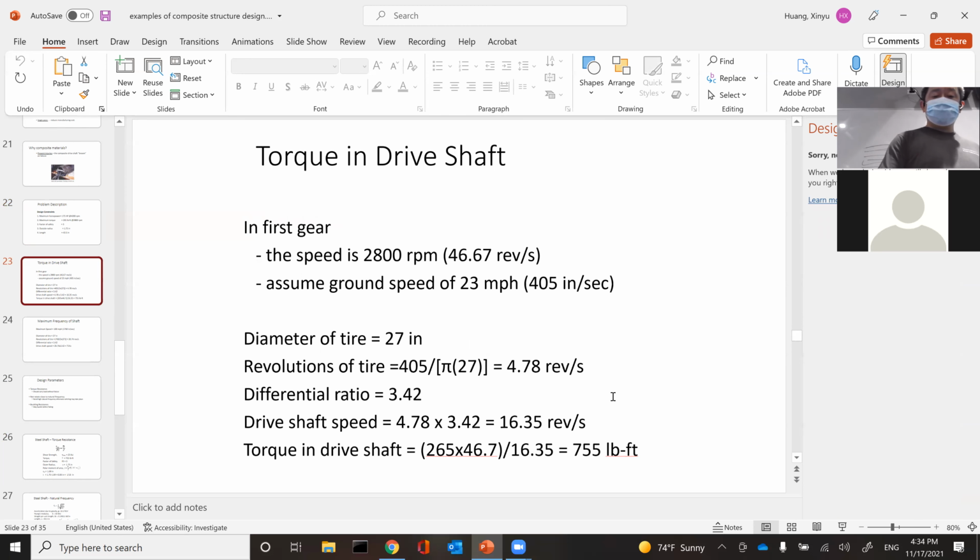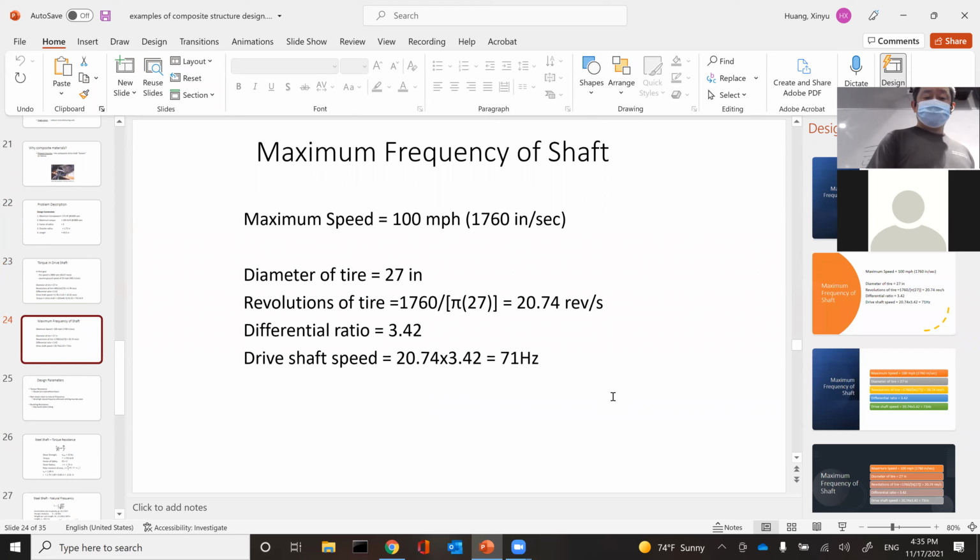And the remaining calculations are basically solid mechanics type calculations. You calculate the torque needed in the drive shaft. It turns out to be 700 pound-foot. You want to resist this torque. And then you also calculate the RPM of the drive shaft.